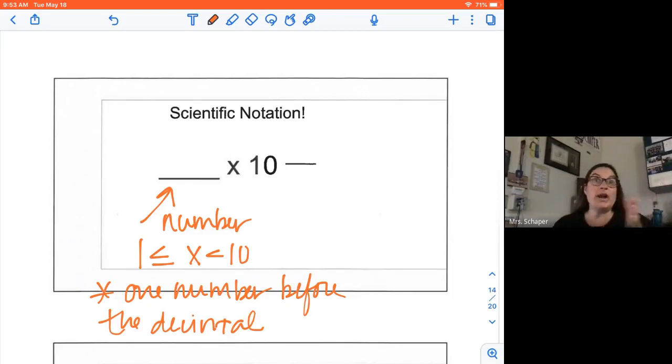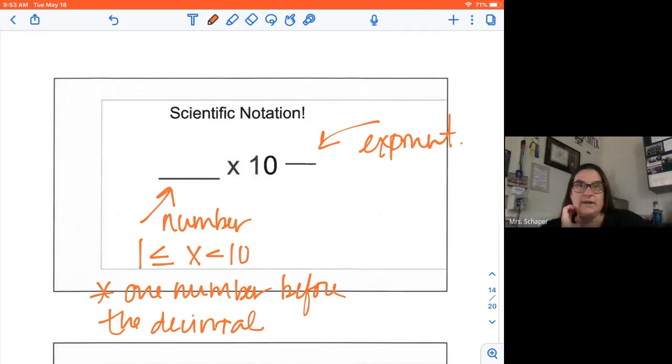So it's going to be 1 or greater all the way up to 9.99999 and so on. And then this is going to be my exponent, my power of 10. So scientific notation would be like 3.2 times 10 to the 5th, or 3.8 times 10 to the 19th, or 2.5 times 10 to the negative 8. Those are all examples, okay?